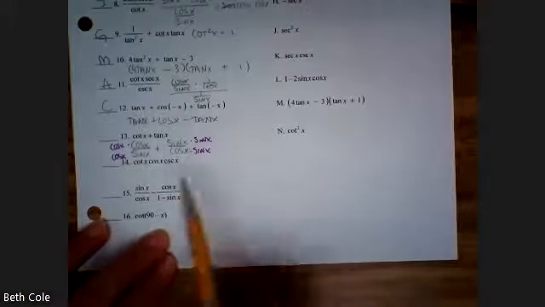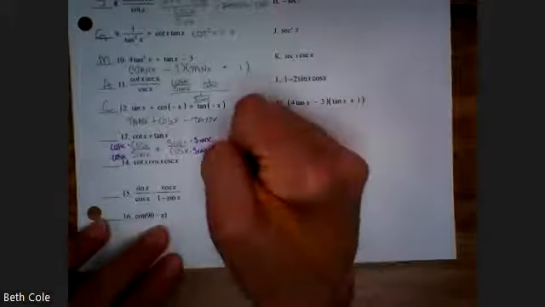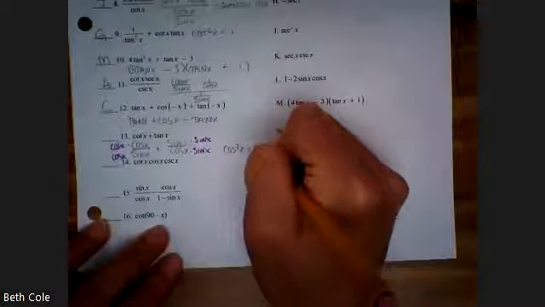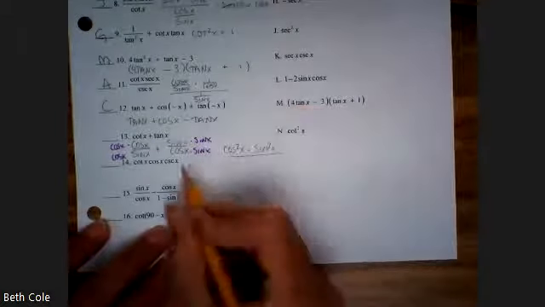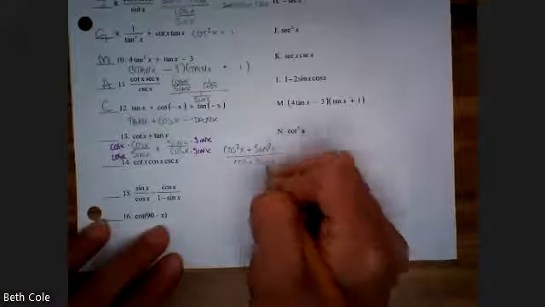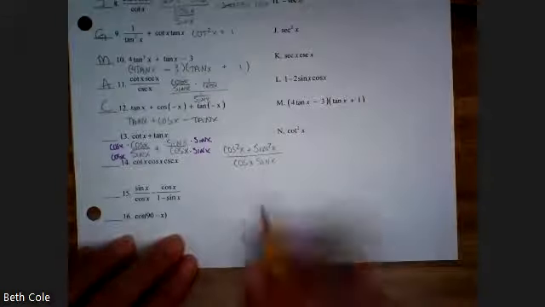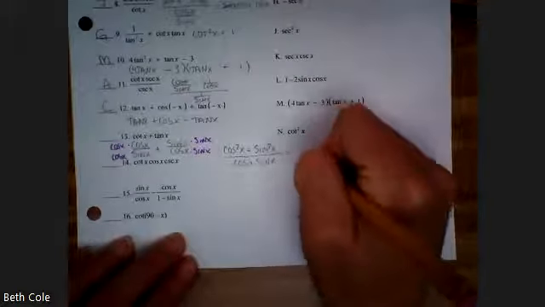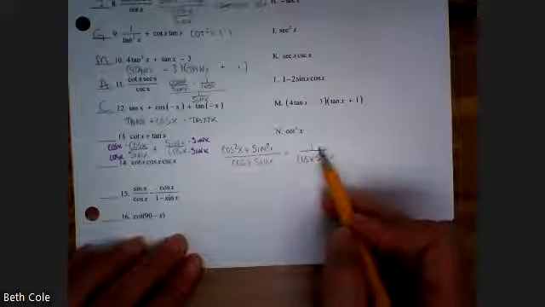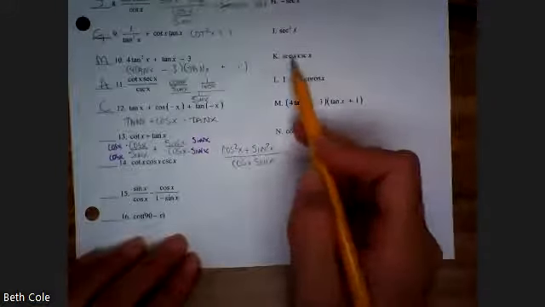So when you put that together, this will be cosine squared plus sine squared over the common denominator, which is cosine times sine, or sine times cosine. It really doesn't matter what order you put that in. But the numerator, sine squared plus cosine squared is 1. And then when you reciprocate these, 1 over cosine would be secant, 1 over sine would be cosecant. So secant, cosecant is K.